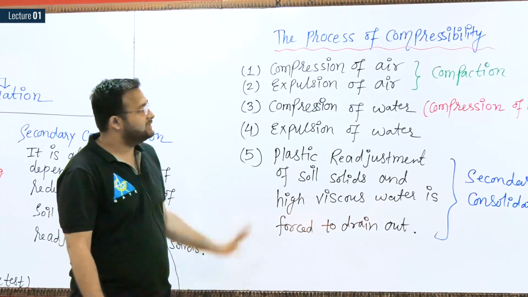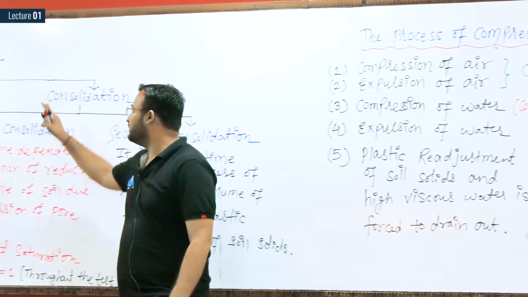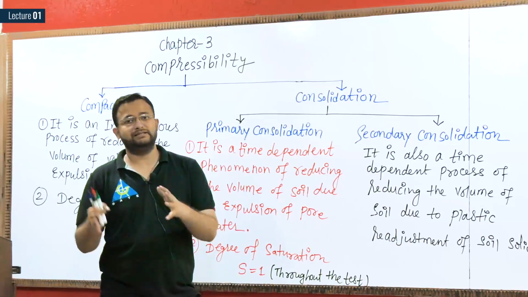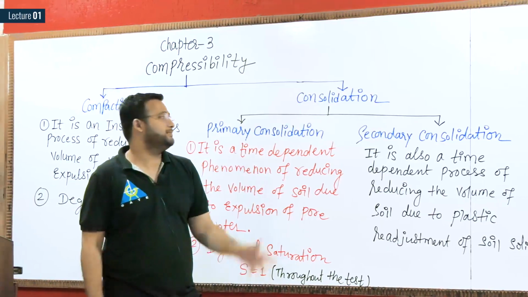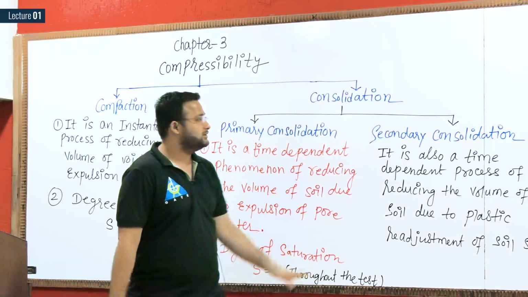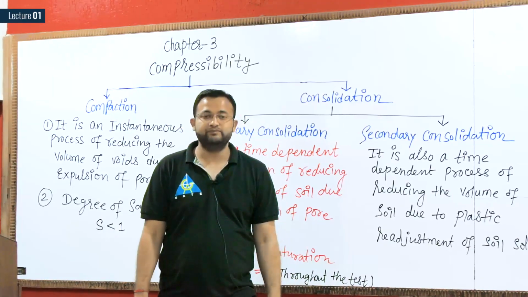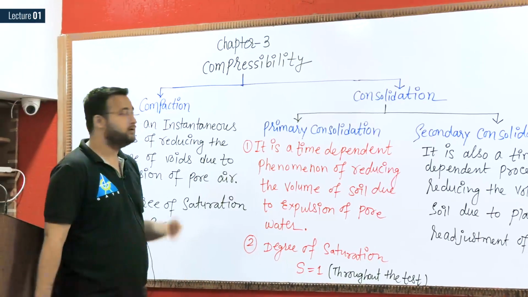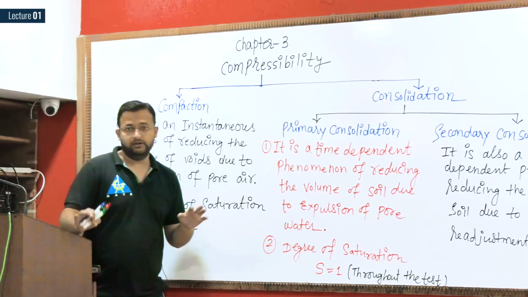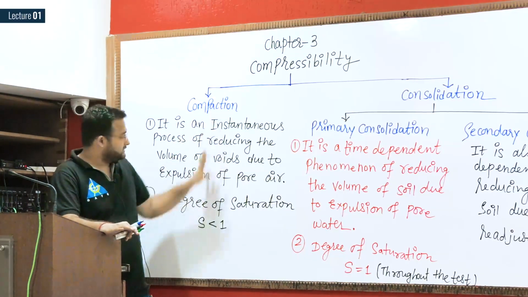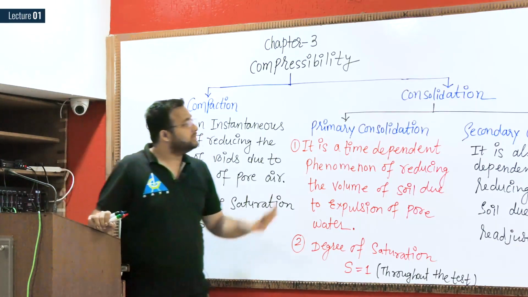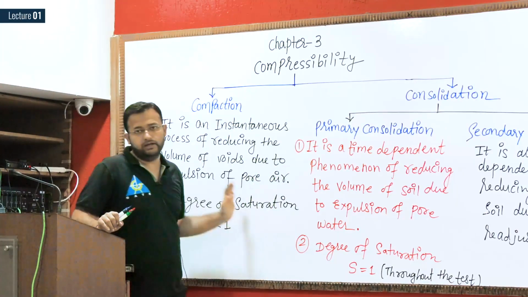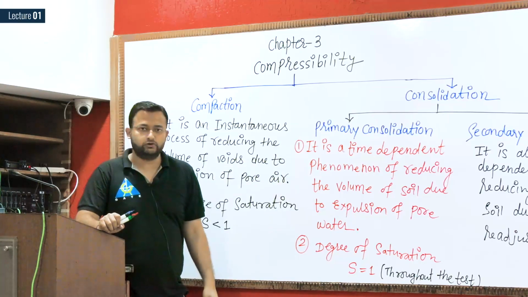Clear? So in this lecture till now we have discussed only the compressibility. I have given a basic introduction to compressibility, a basic idea about compaction, primary consolidation and secondary consolidation. Now new people will think I should teach compaction first, then consolidation, because in this order compressibility occurs in the soil.